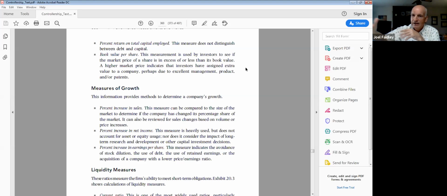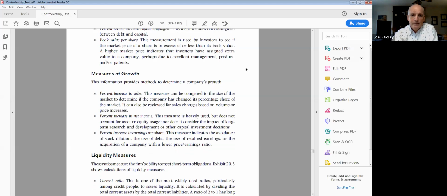And then on the right side of the balance sheet, where your liabilities and equity are, you're comparing each of your balances there with the total liabilities and equity, just like you did total assets. And so that is a vertical analysis. And then of course you can do horizontal analysis on that. What was your vertical analysis last year? The other one I think they talk about later in here is trend analysis, but we'll get to that in a second. So those are measures of growth.